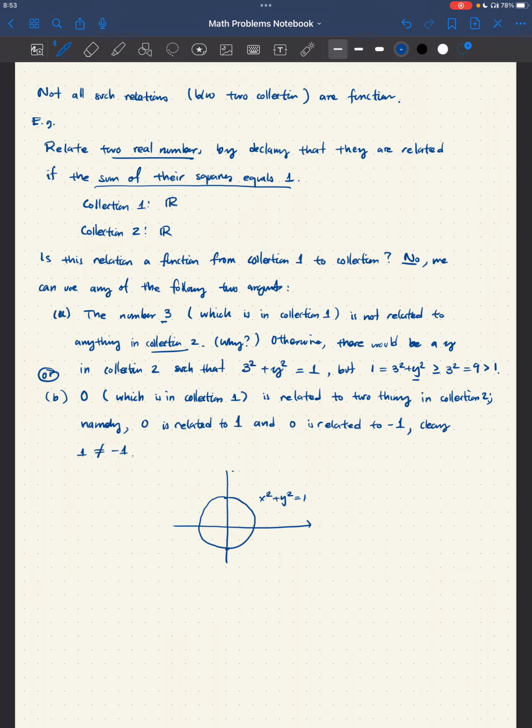If we were to draw a vertical line, this being the x and the y, this being the units, at x equals 3, you drop a line and you'll see that it doesn't touch the circle. But if you drop a line at x equal to 0, right at the origin, you see that it touches these two points.